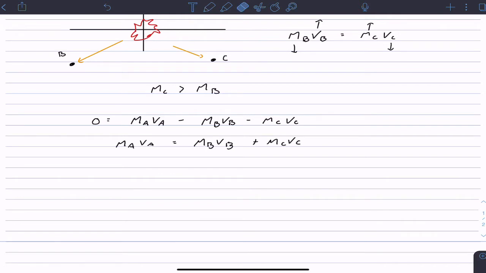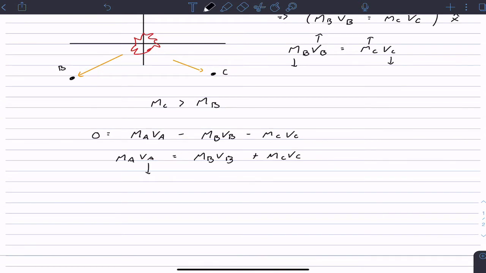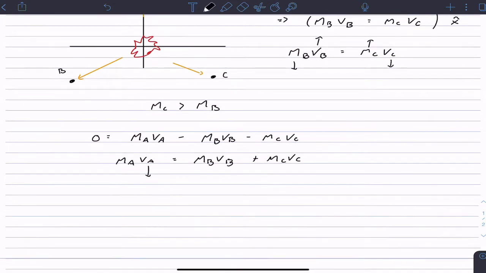And so again, this velocity here is lower. This one is greater, and this one is also greater. And so what I mean is these velocities are greater than this one, right? And so in order for that to be the case, that means that this mass has to be higher, and these masses then a little lower than A.